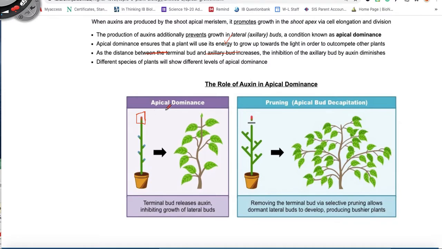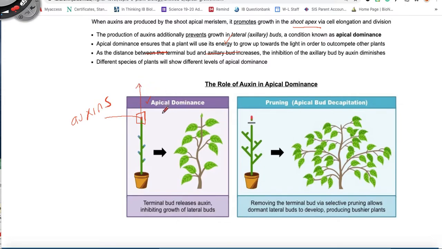And here we see a phenomenon known as apical dominance taking place. So remember that here you have this meristem tissue, here you have this node, and when these auxins are found in great abundance here, it promotes growth in the shoot apex. So then this plant is concerned about growing taller and taller and taller.